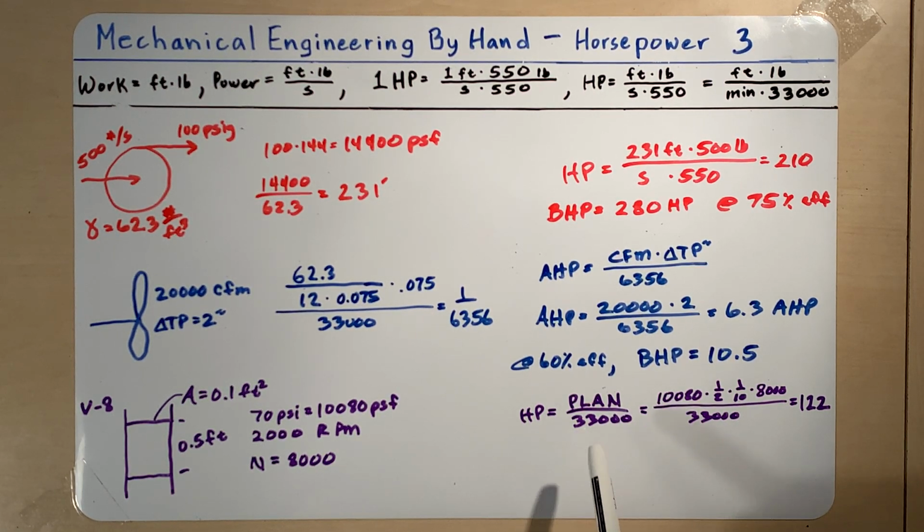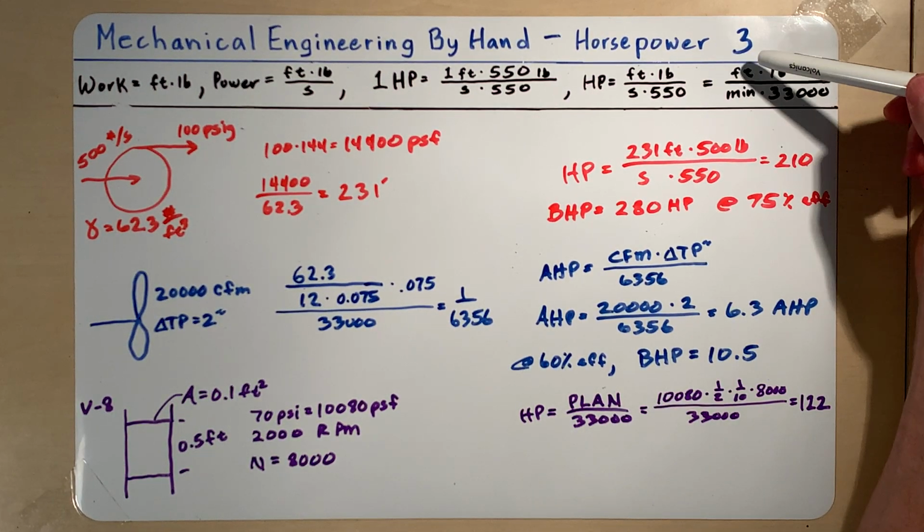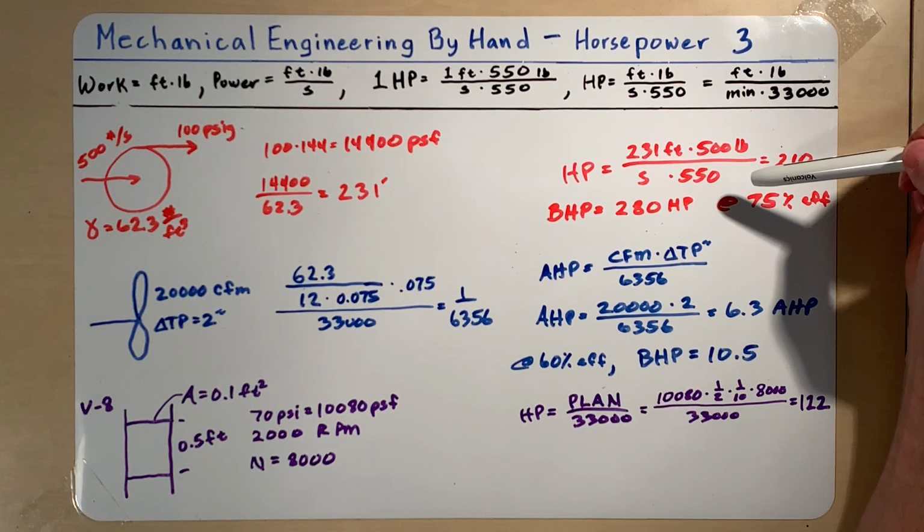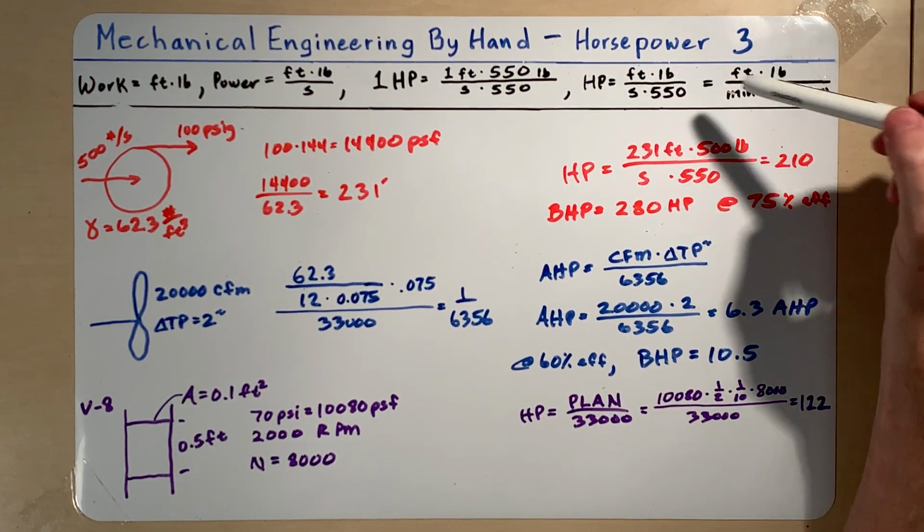So I like to do it that way, just so that I have all my dimensions or variables in feet. That way I don't have to remember which one is in feet or inches. So in this example, and actually all the other examples, we just have feet, like what's in the equation, and pounds, and then seconds or minutes.